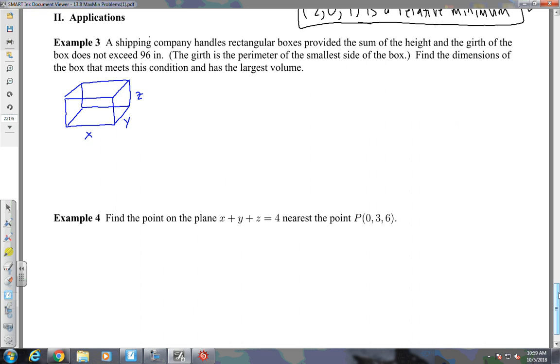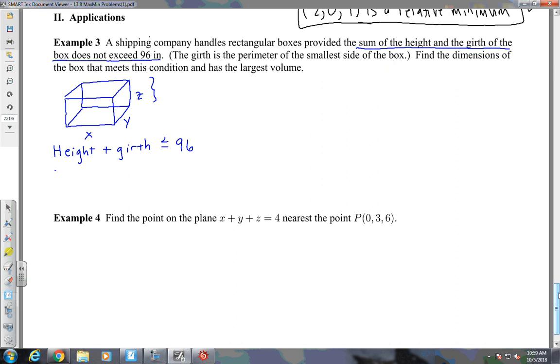So the sum of the height and the girth of the box does not exceed 96 inches. Let's assume that Z is the height and that the smallest perimeter would be X plus Y. So we want to make sure the height plus the girth is 96 or less.